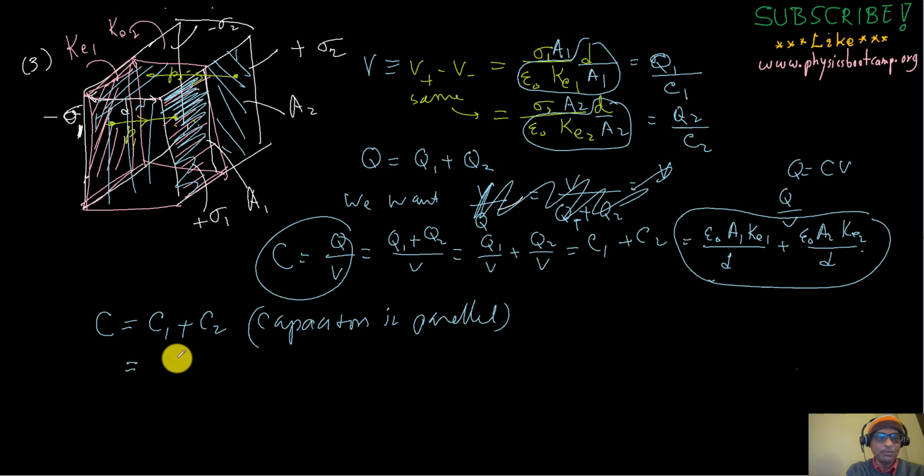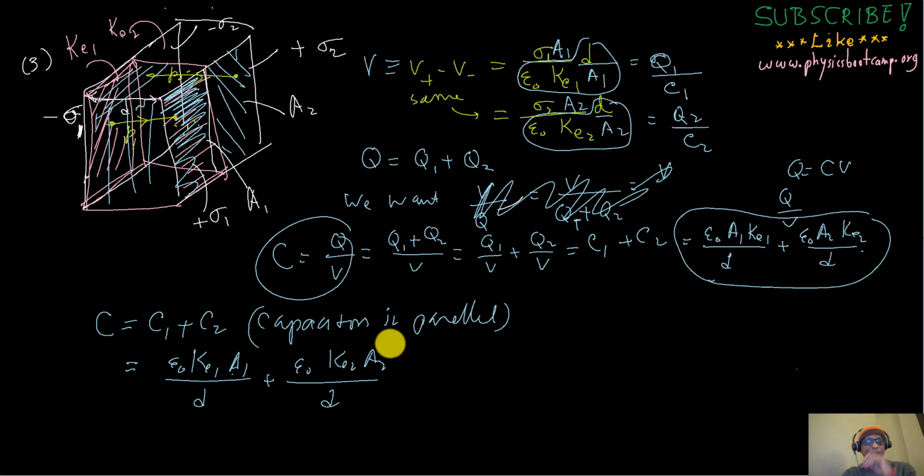I'm going to write epsilon naught K E1 A1 over D plus epsilon naught K E2 A2 over D. If they're half and half, then you can just write A1 equals A2, which is half of A, but this way you get a more general formula.